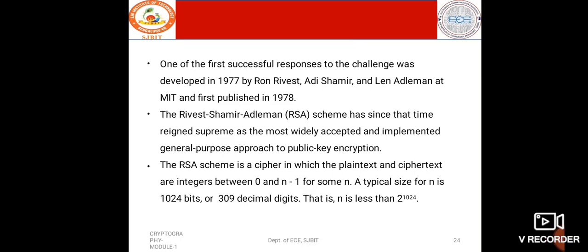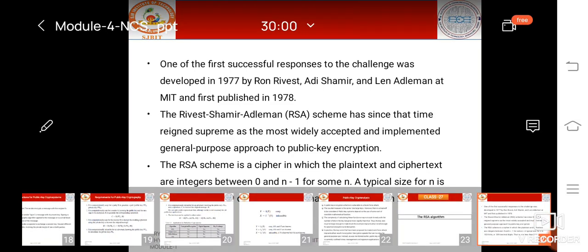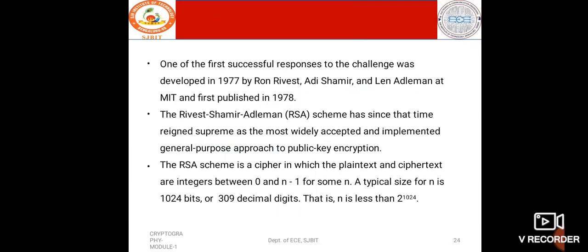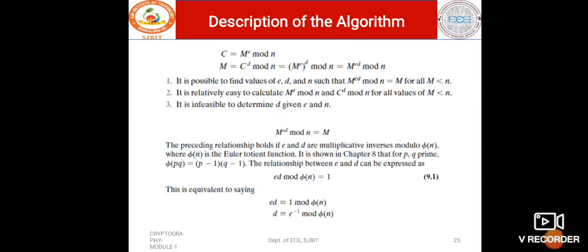So this RSA scheme is a cipher in which the plaintext and ciphertext are integers between 0 and n minus 1 for some n, and the size of n is 1024 bits, or 309 decimal digits, that is, n is less than 2 power 1024.